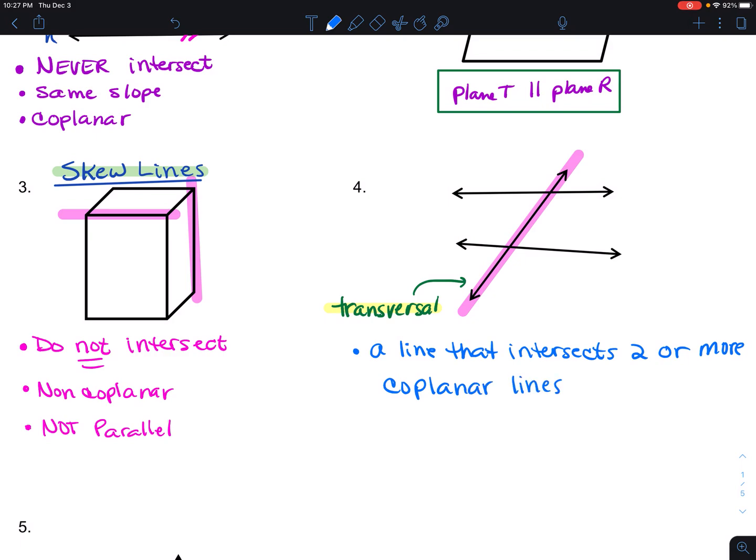So we can't talk about skew lines. They have to be intersecting coplanar lines. So a line that intersects two or more coplanar lines is just called a transversal. Nothing else.